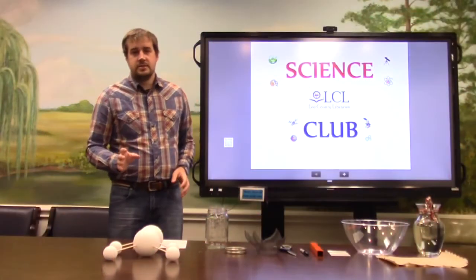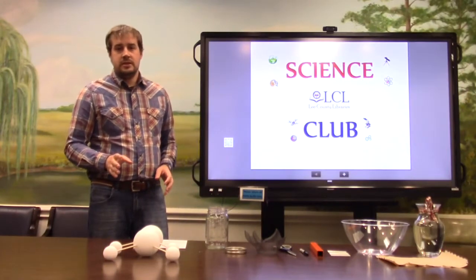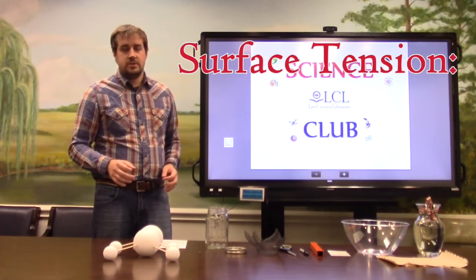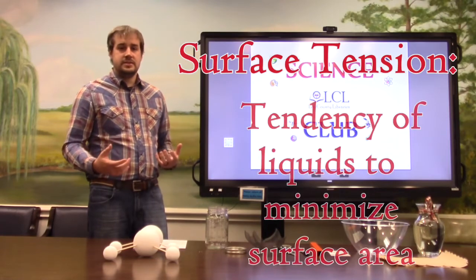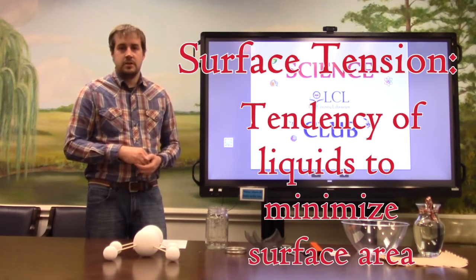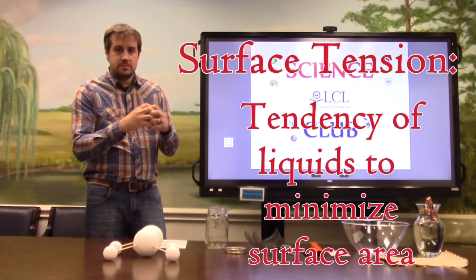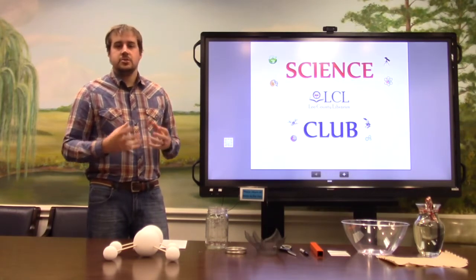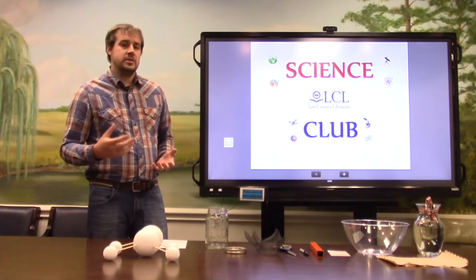Now our second concept that's important today is surface tension, which is the tendency of liquids to try to minimize their surface area and hold together as much as possible. And this is created by a property known as cohesion.